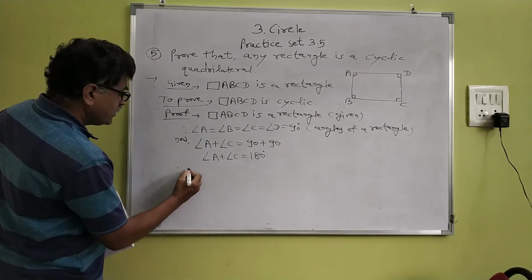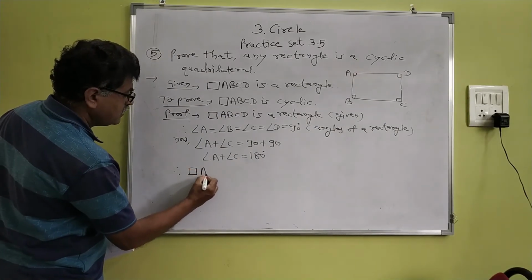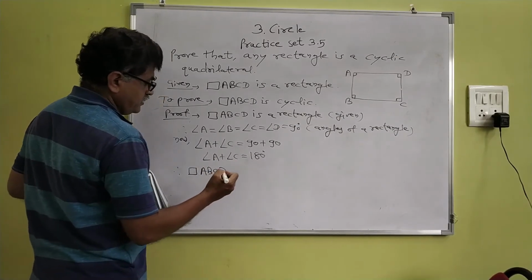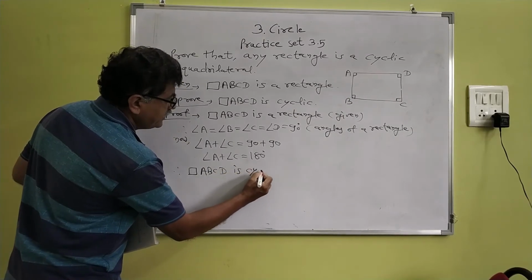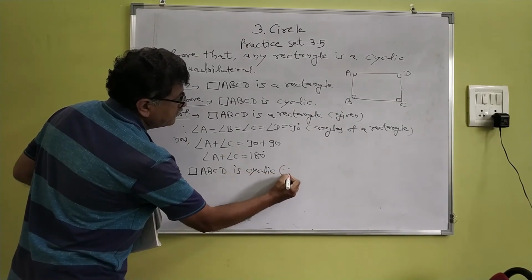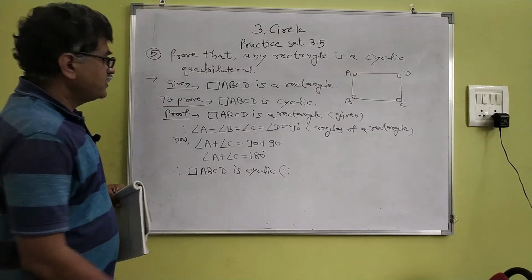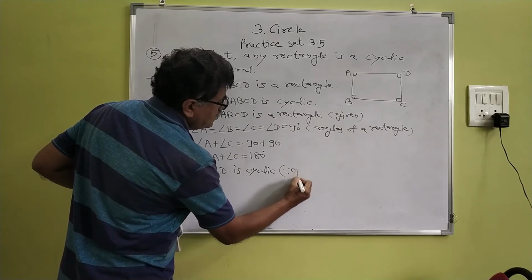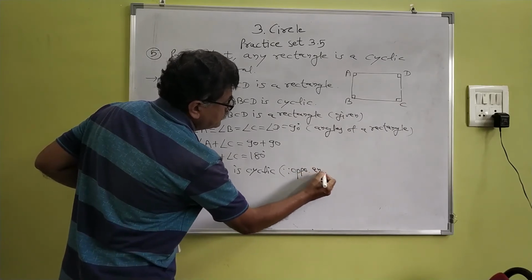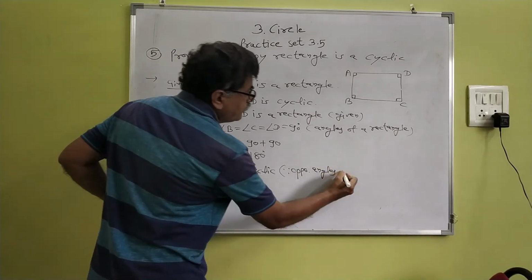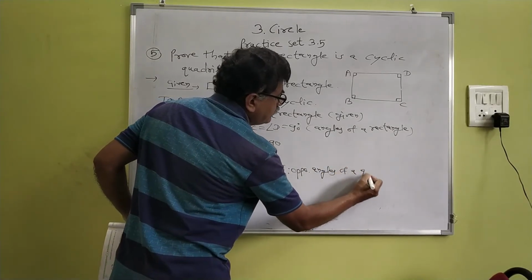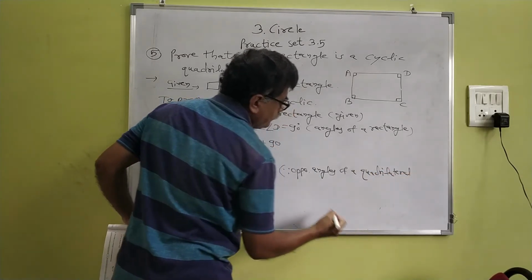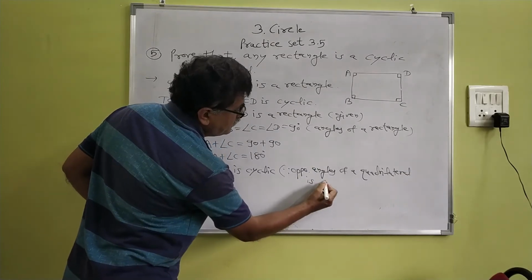Therefore, quadrilateral ABCD is cyclic, since opposite angles of a quadrilateral are supplementary.